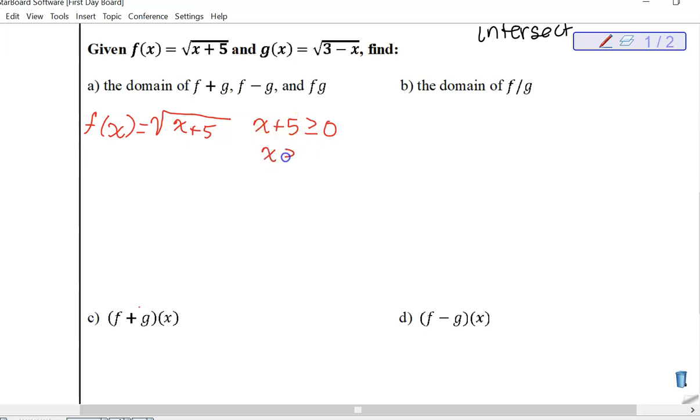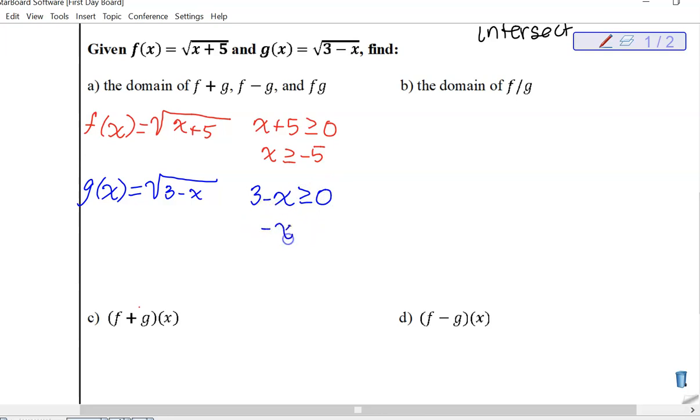So x must be greater than or equal to -5. We know this. Okay, now let's find the domain of our g of x. So that would be 3 minus x under our radical. And we know 3 minus x must be greater than or equal to 0.